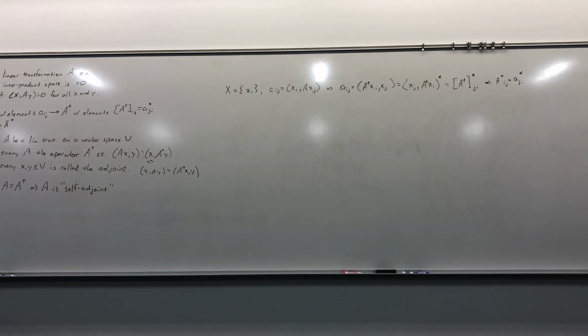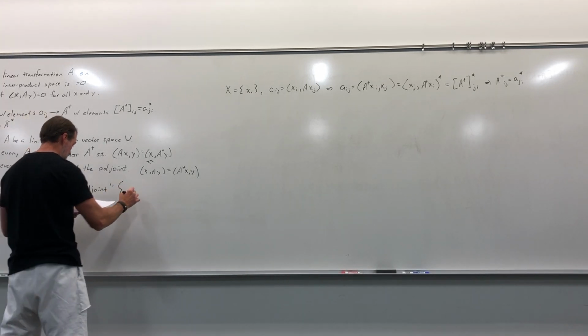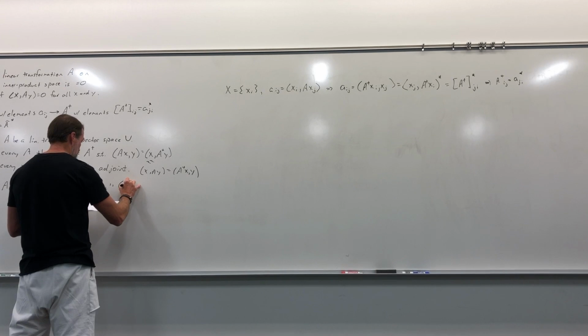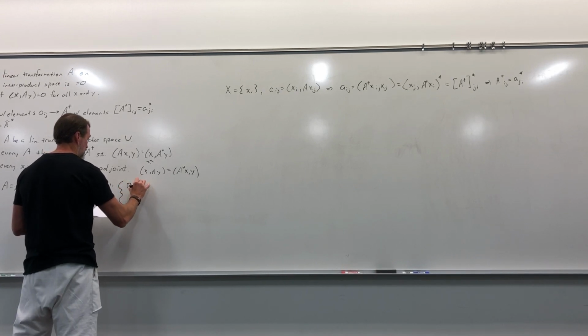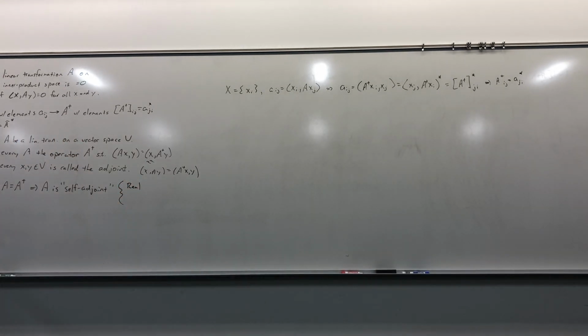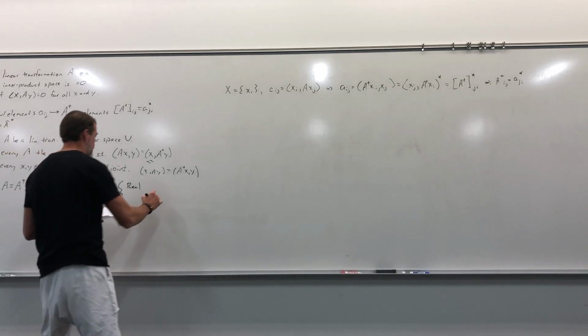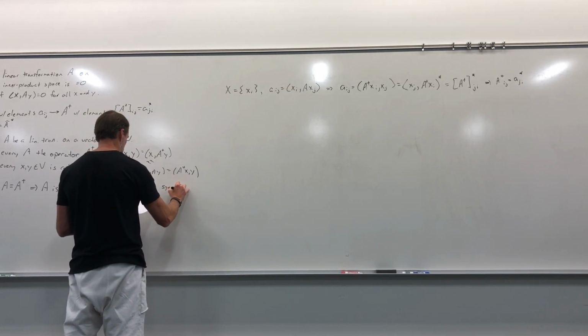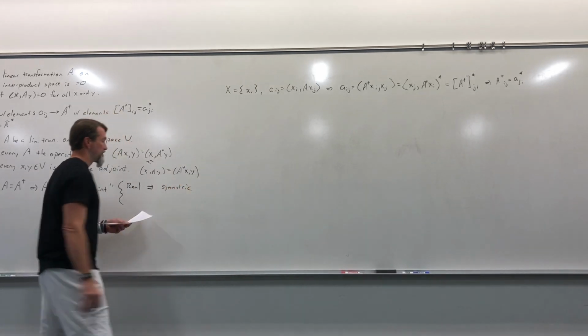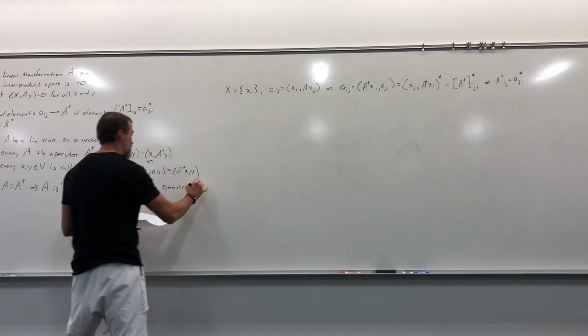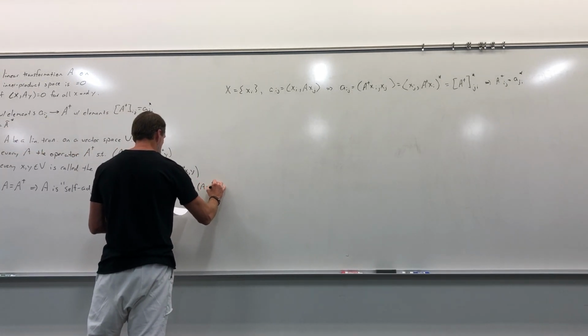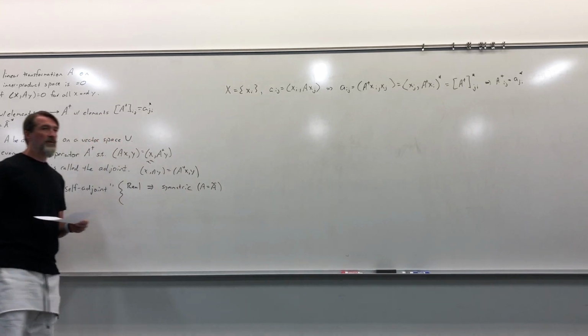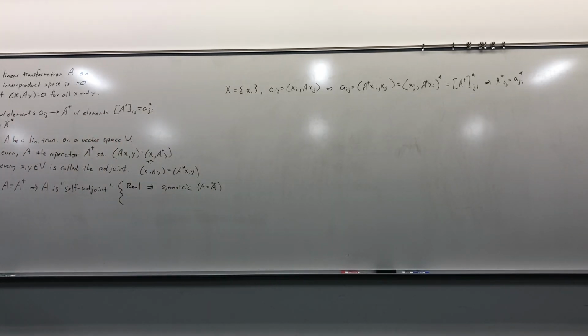And this comes in more familiar varieties. If we are dealing with a real vector space with its inner product, then adjoint equals symmetric, that is, A is equal to its transpose.